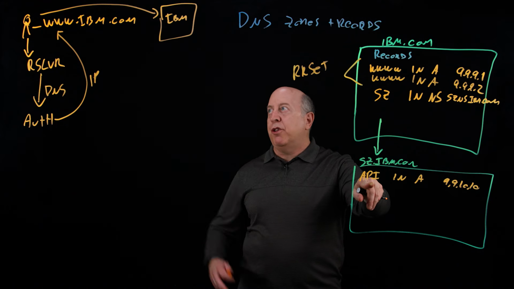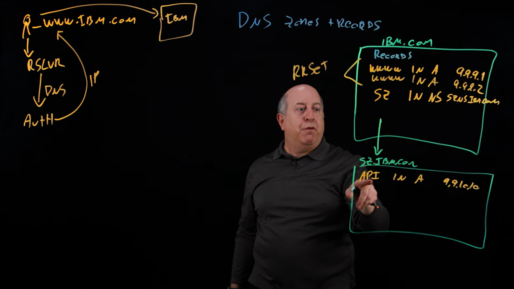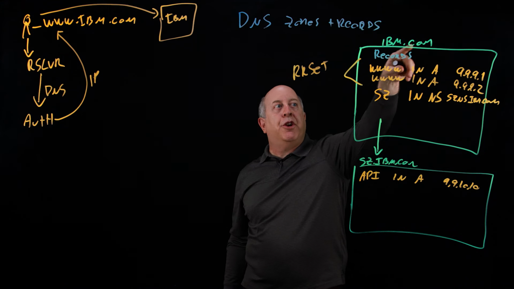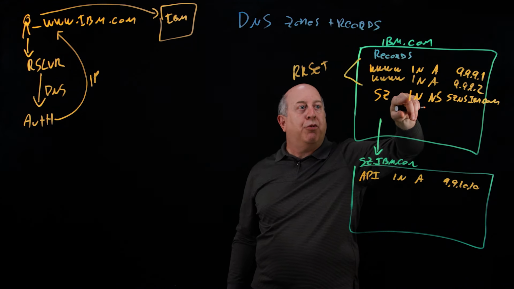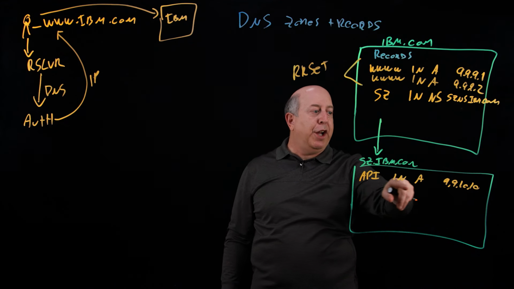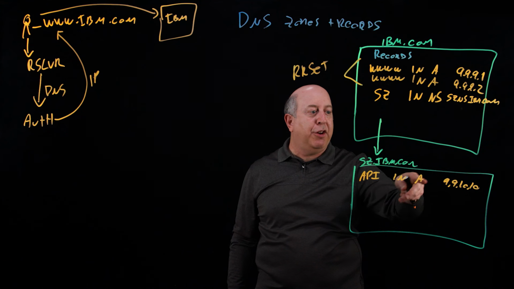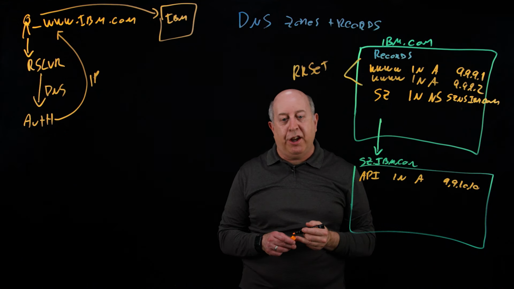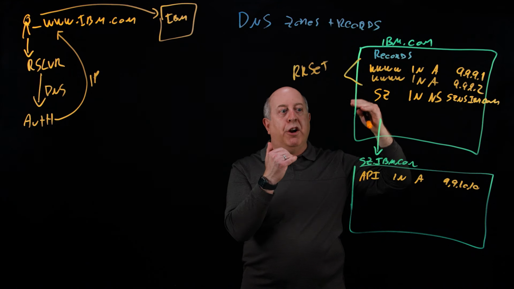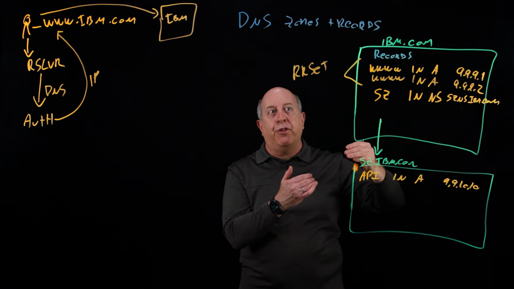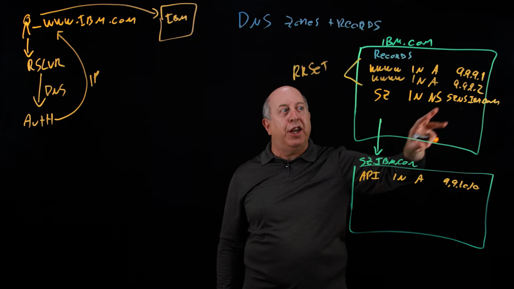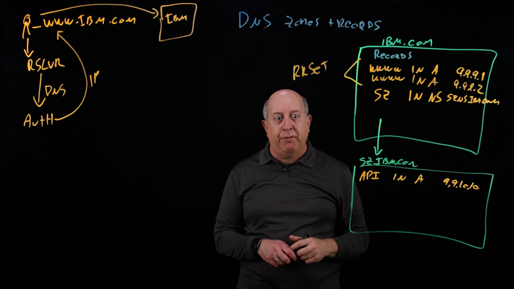So when someone does a lookup for api.subzone.ibm.com, it will first go to this zone, which will then redirect it via this NS record to a subzone where it will find the answer api.subzone.ibm.com and return 9.9.10.10. So that's an overview of zones, which are an area of administrative control of a portion of the DNS namespace, and records, which are the entries or the rows in the database that actually provide the data.